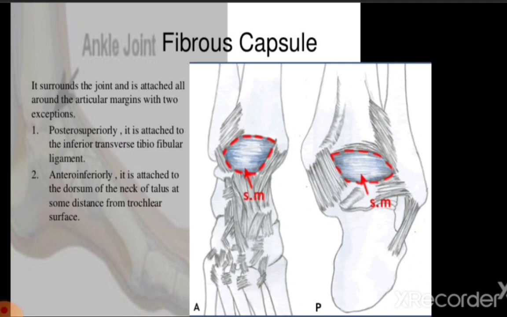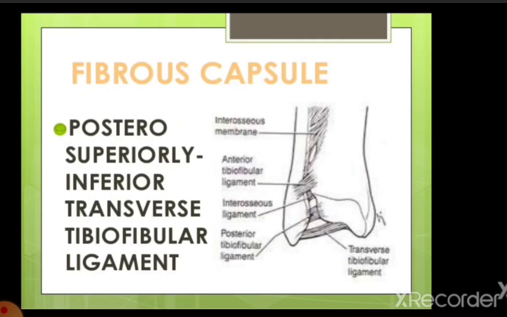These are shown in the images also. Here you can see on the posterior superior and anterior inferior aspect the deficiency of the fibrous capsule. This deficiency permits easy movement of the ankle joint. So this is the deficiency of the fibrous capsule on the posterior aspect, where we can see the inferior transverse tibiofibular ligament.